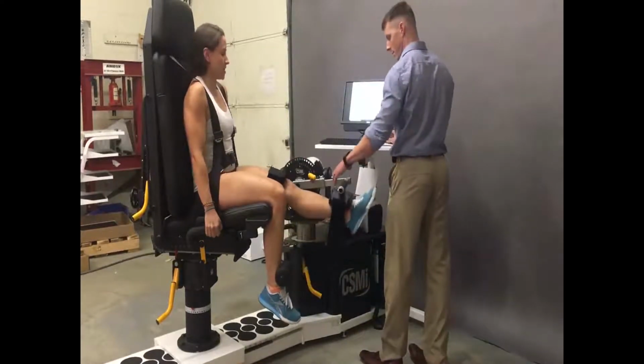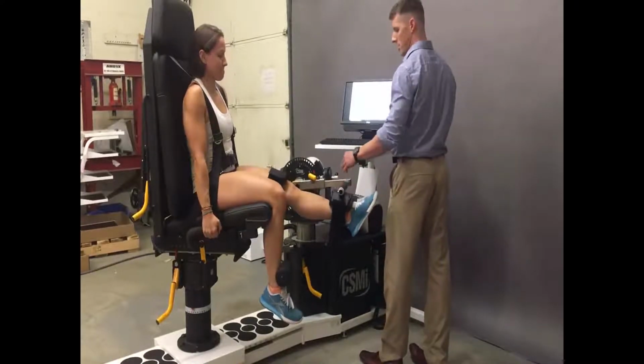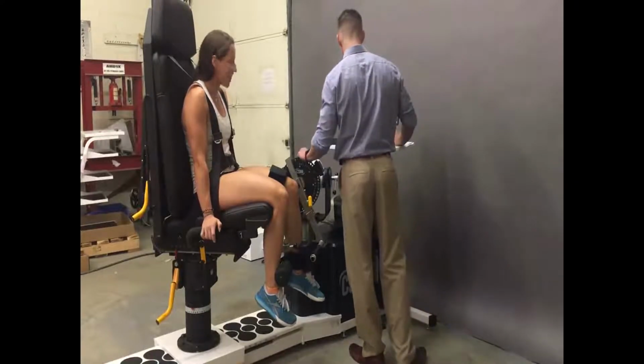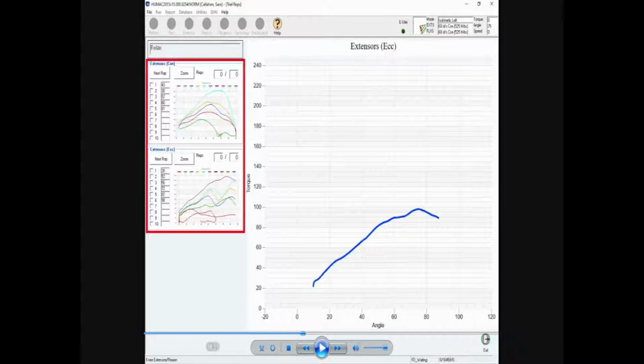She felt fine at 75% after I adjusted the position, so we moved on to 100% effort. And you can see that as she warmed up and I adjusted that position and she went from the 50 to 75 to the 100% effort, her torque amounts got better, her curve lines actually improved to that ascending descending curve. So that's what we want to see.